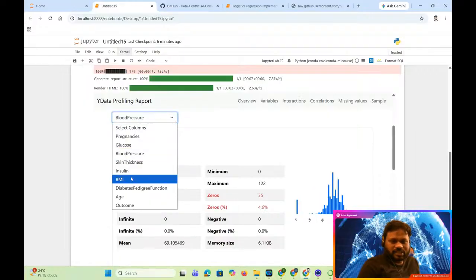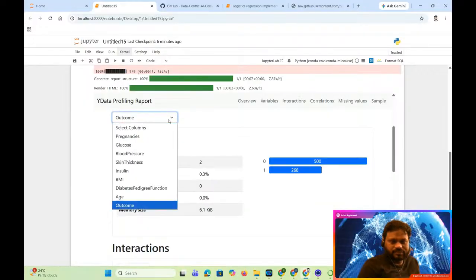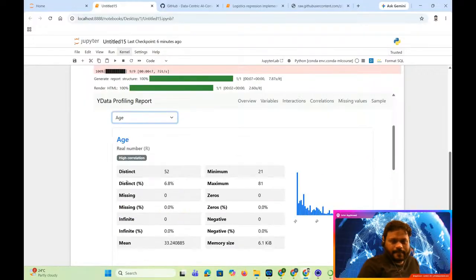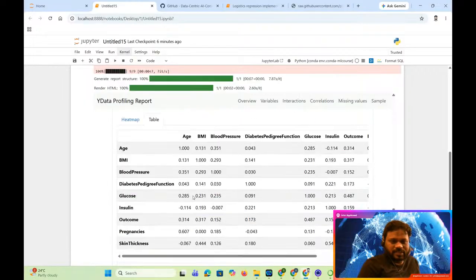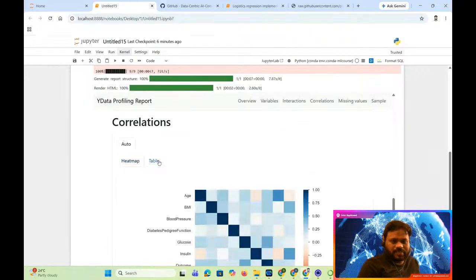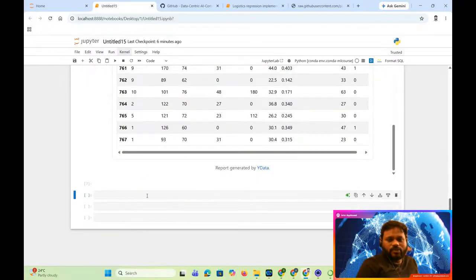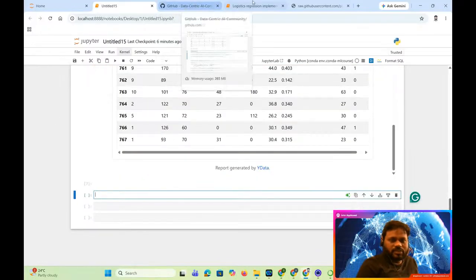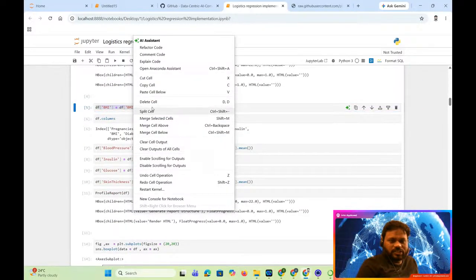Select any, and this will give you the age. Everything you will get in correlation tables and this heat map; through correlation you can see it. Anyway, I'm going to the next column. Next is correlated, and see.